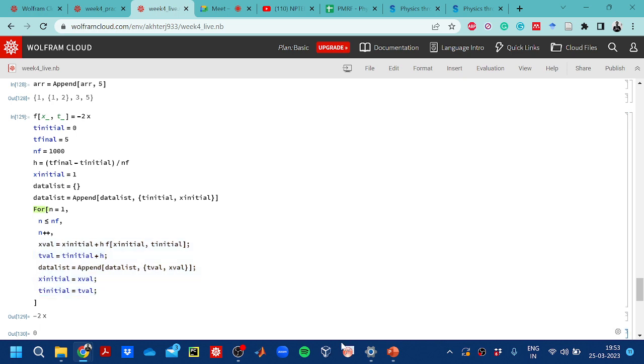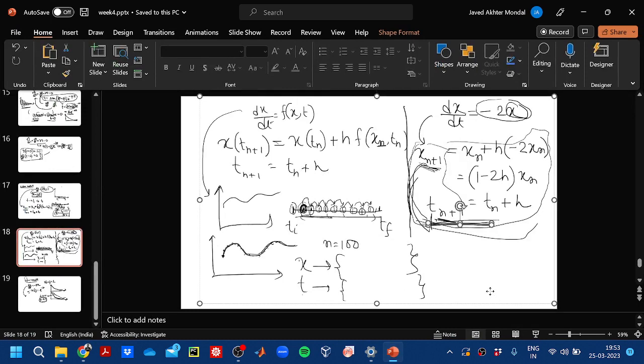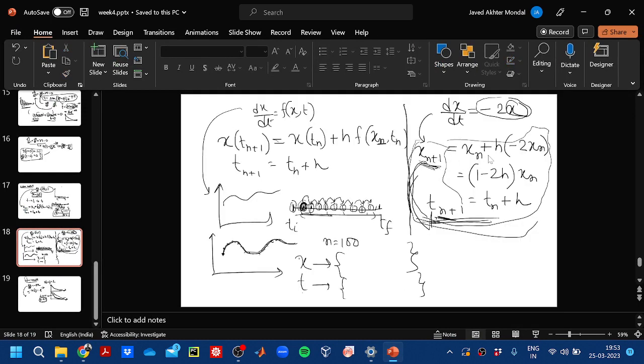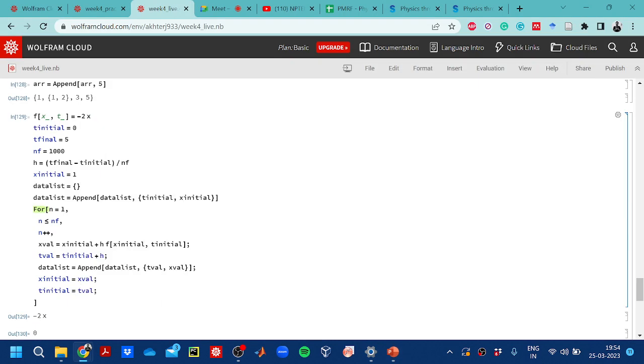So in the body, what do we have to do? We have to write down this Euler algorithm, that x at n plus 1 equals xn plus h times this function evaluated at this. So we are writing down this. It will take the initial value first. So these two values it will take, and these two lines are evaluating the Euler algorithm. And once we evaluate this, we have to store these two numbers in our array.